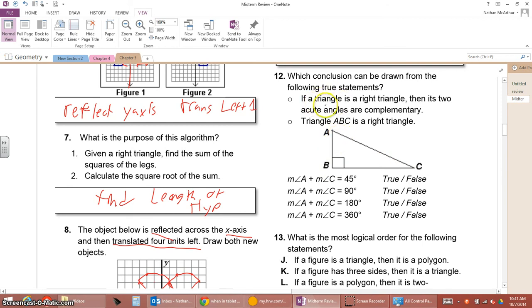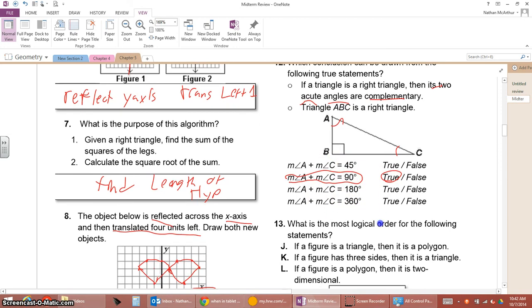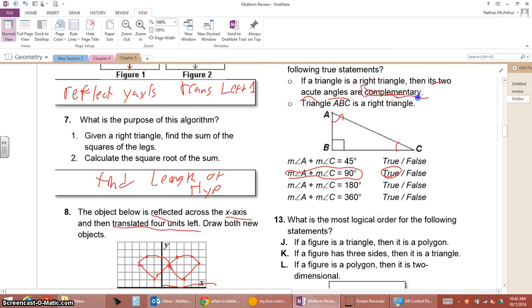But this one up here says if a triangle is a right triangle, then its two acute angles are complementary. And in our situation, our acute angles are A and C. That means that A and C have to add to be 90. This is true. There's our answer. A and C doesn't add to be 45 or 180 or 360. It just adds to be 90. That's the definition of complementary.